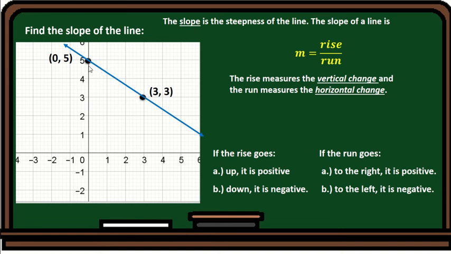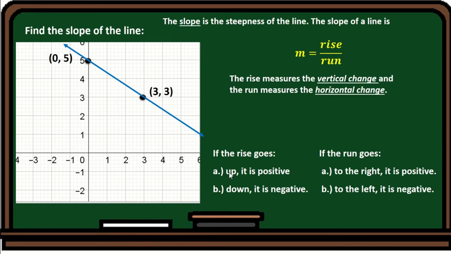Now, to identify the rise, take a look at this area. If the rise goes up, it is positive. Since rise is up or down lang ang kanyang direction, kapag nag-count ka paakyat, your rise is a positive number.